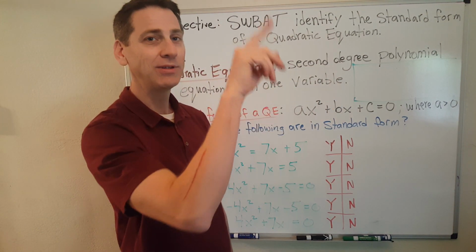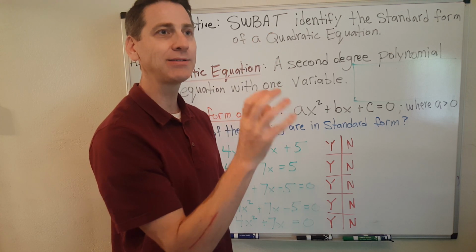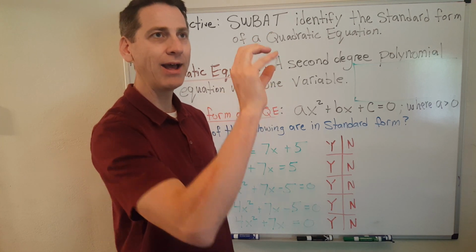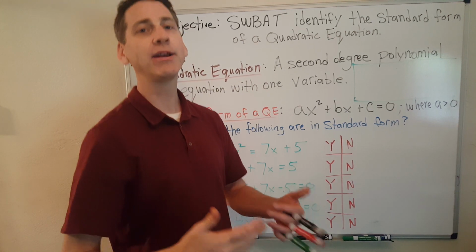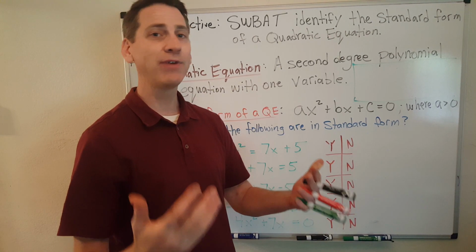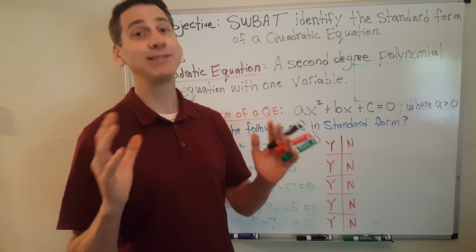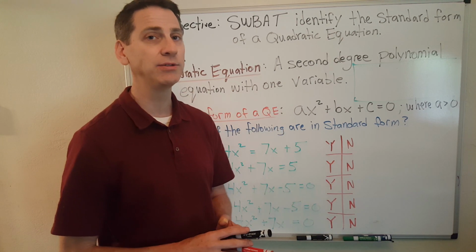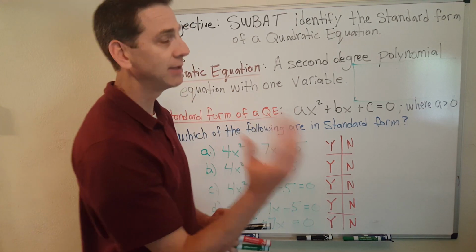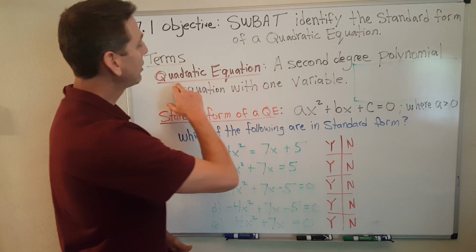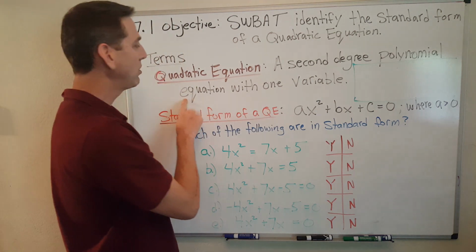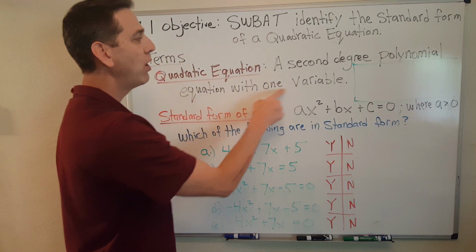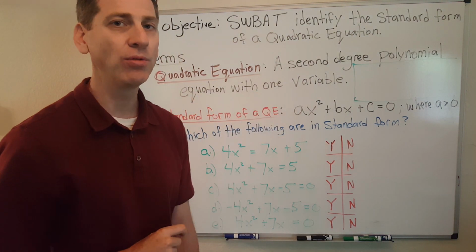That means the highest term has a 2 as its exponent. So for example, x squared minus 5x minus 2, that's a second degree polynomial expression. So a quadratic equation is a second degree polynomial equation with one variable.